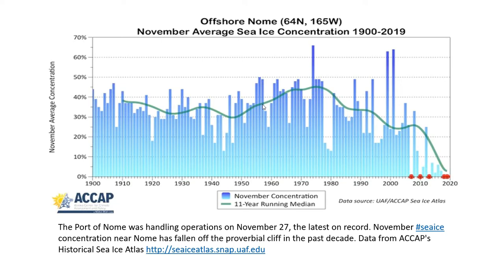They do an 11-year running median, meaning they take the median for years 1 through 11, calculate that, then go from years 2 through 12, calculate that median, then 3 through 13, etc. And you just keep going with that. That's what this green line illustrates.